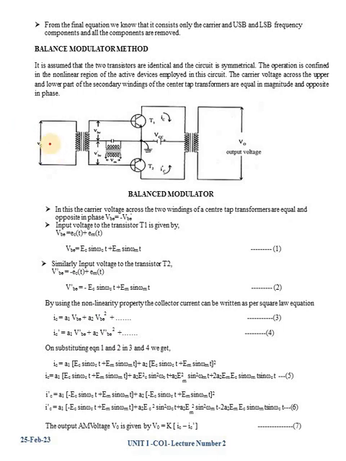The same conditions apply here also, but we are introducing transistors instead of a diode, in a balanced manner. Here we apply the carrier signal, and the modulating signal is applied between the emitter terminals of both of these transistors.